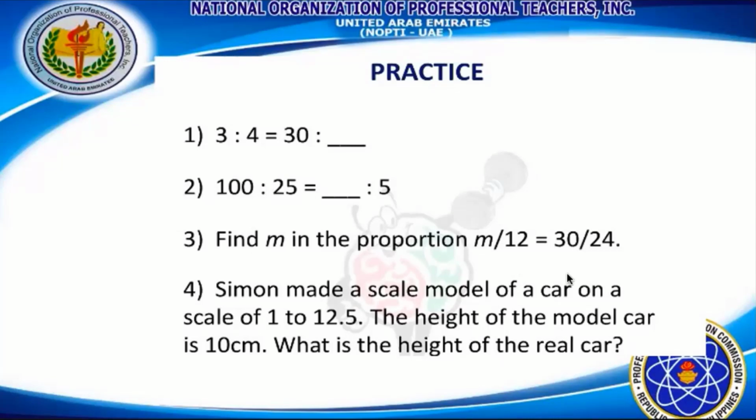And last, Simon made a scale model of a car on a scale of 1 to 12.5. The height of the model car is 10 cm. What is the height of the real car?